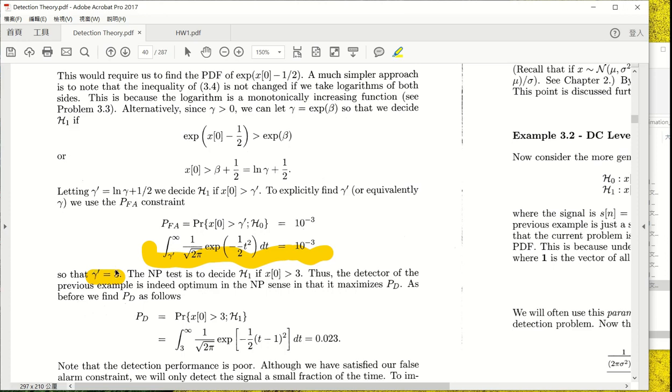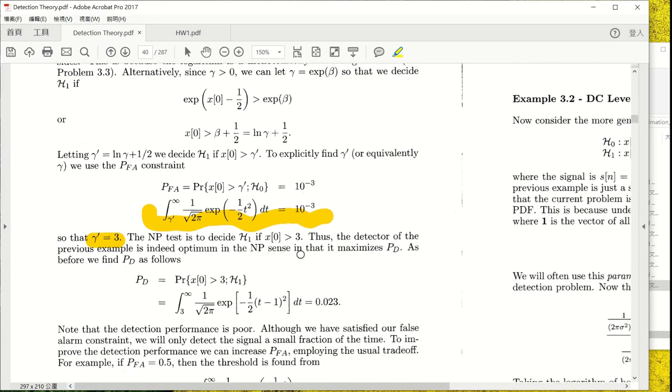It will be something like 3.25, 3.356. It won't be just an integer. So I'm trying to emphasize that this 3 is not the 3 here. It's a coincidence. Okay, so let's come back. Gamma prime equal to 3.